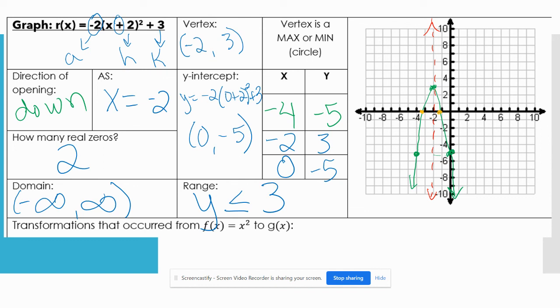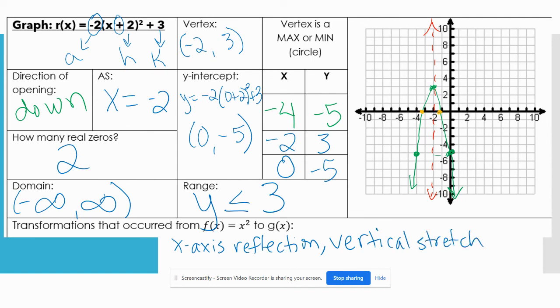Let's talk about our transformations. Let's start with our a. So the negative is its own thing, which is our x-axis reflection. The 2 is a vertical stretch. The graph is getting narrower, stretching towards y.